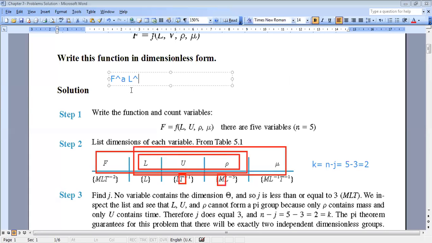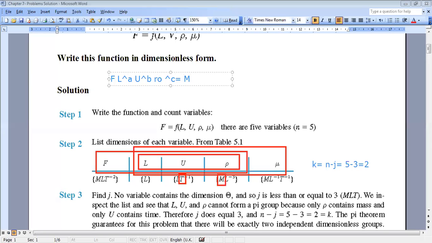So how to combine them and try to find a group? You do F to the power A times L to the power B times U to the power C. If you want F, it's not necessary to write a power, no need, we take the power of F as 1. Okay, so we have L to the power A, U to the power B, and rho to the power C. To form a group, this should be equal to what?